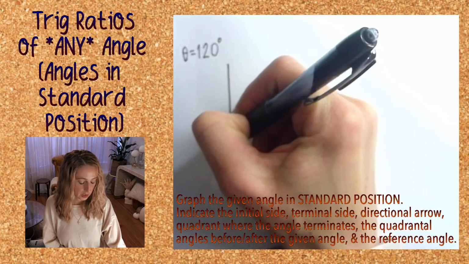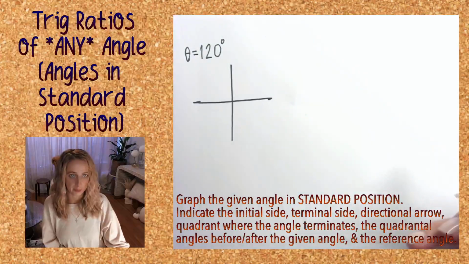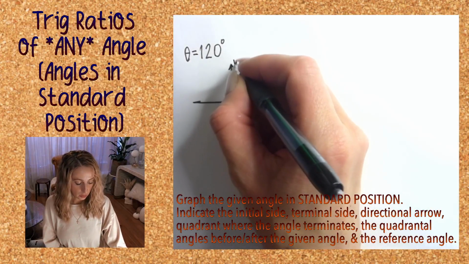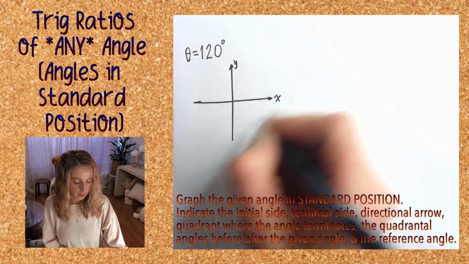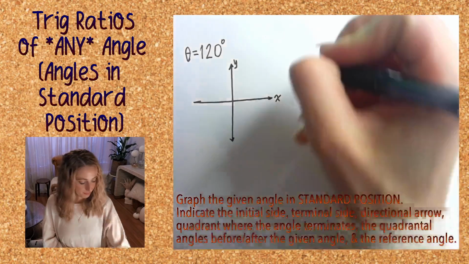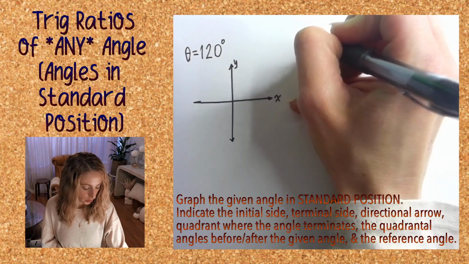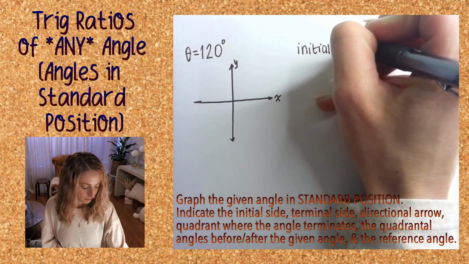All right, what does standard position look like? Standard position is superimposed on the XY plane. This is your y-axis, this is your x-axis, right? I'm going to color coordinate.